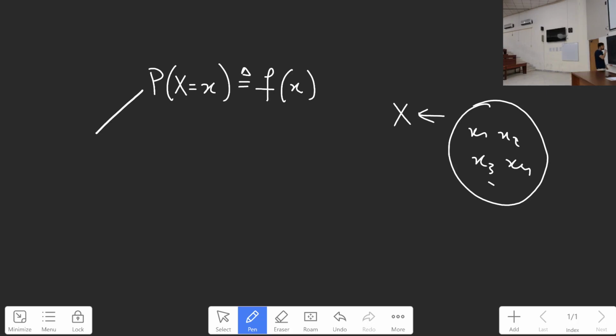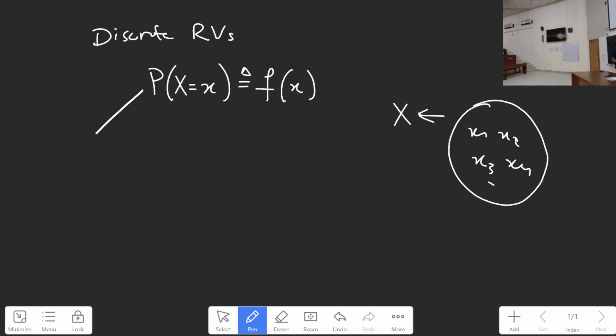Then we said, often we are not just interested in a fixed value. Keep in mind, I am still talking about discrete random variables. For the continuous case, this will have to change. We will see that today. But for the discrete case, we save these probabilities in a function, and we will call that fx.